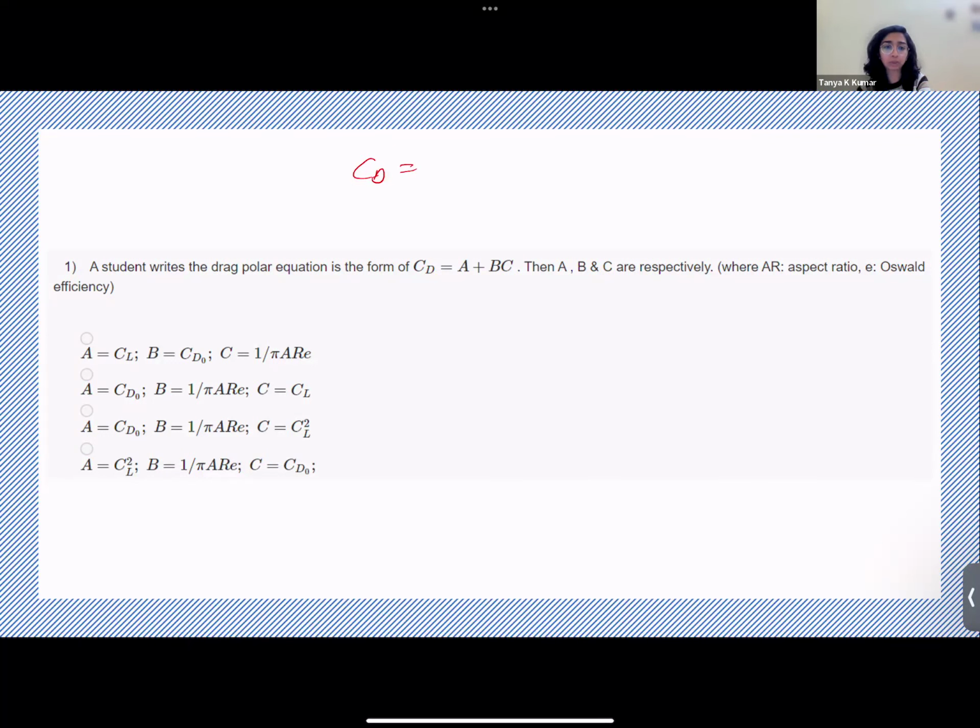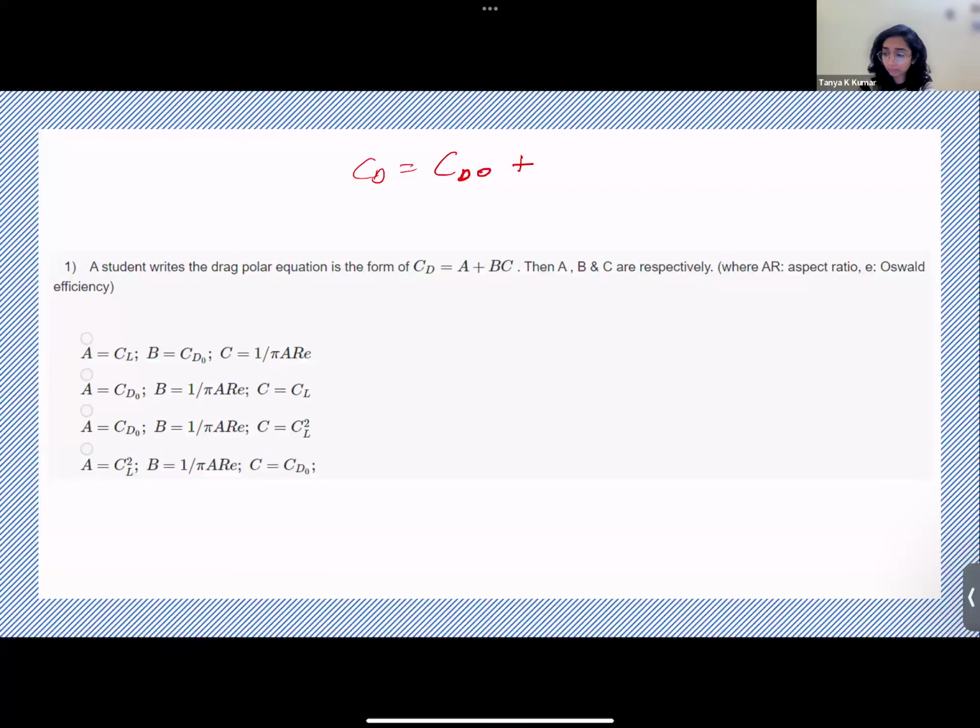Can someone else tell me what the drag polar equation is? It's one of the first equations we discussed. CD equal to? None of you know the answer except Shreyas.